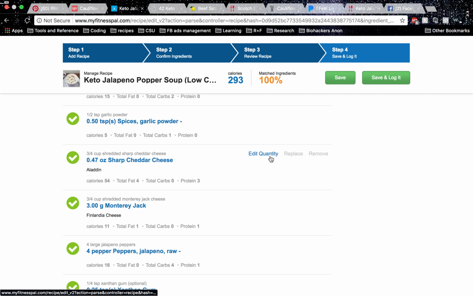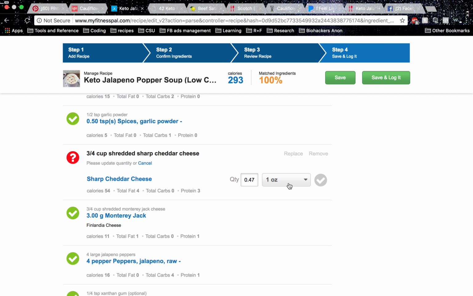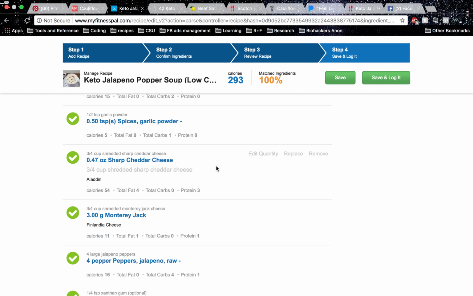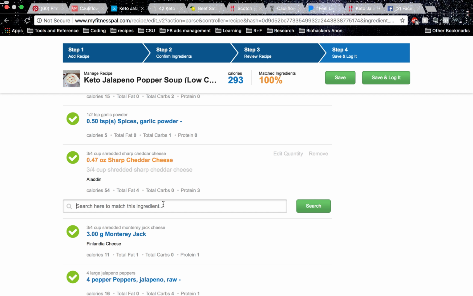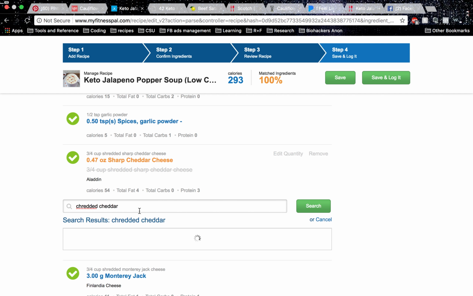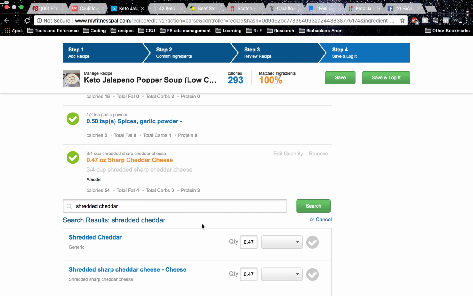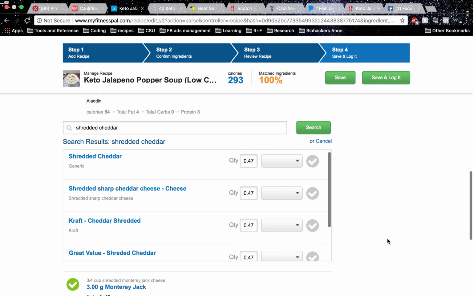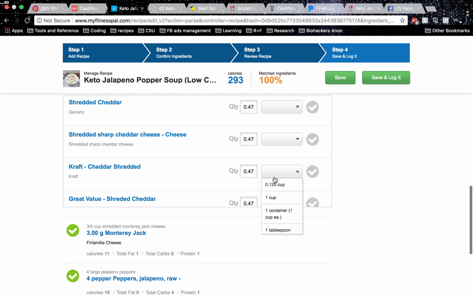So I also used 1.5 cups of cheddar instead of Monterey Jack and cheddar. So we're going to look that up. Shredded cheddar. Okay, Kraft. Let's see, do they have cups?